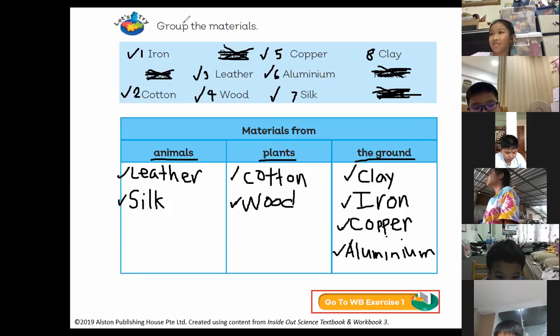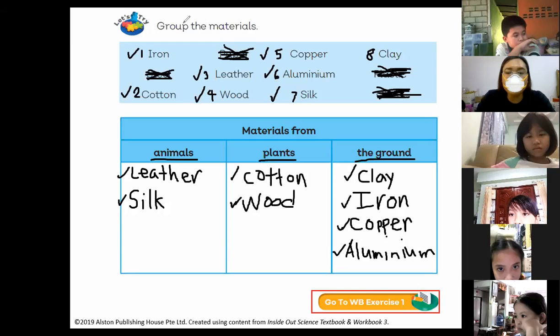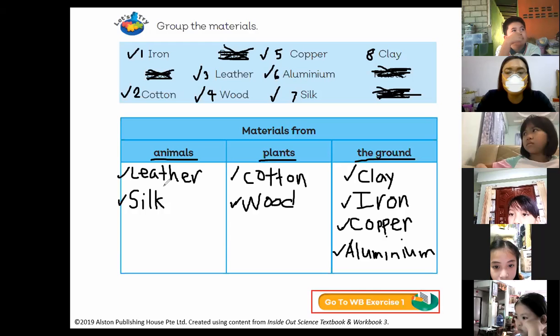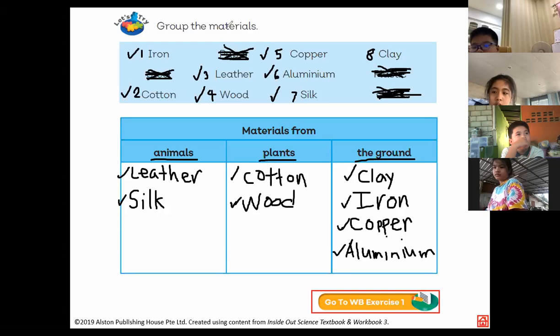Okay, I'm going to call another one. Photo, what are the materials that are coming from the animals? Leather. Leather and? Silk. Okay, so leather and silk, don't forget, okay?